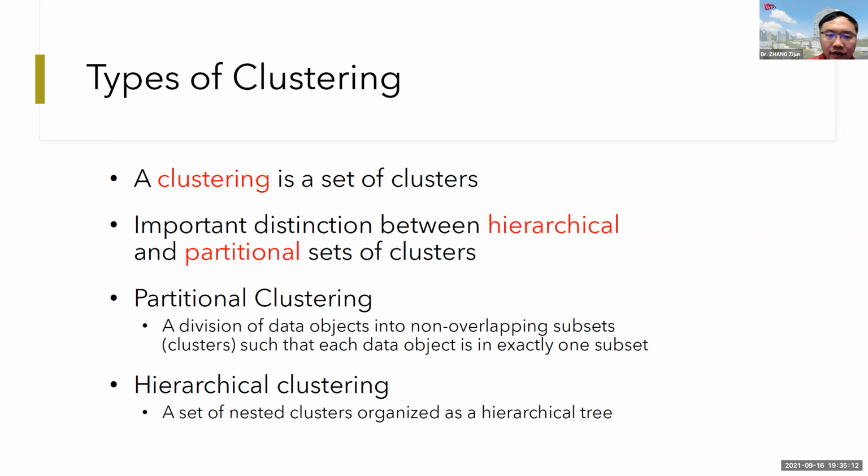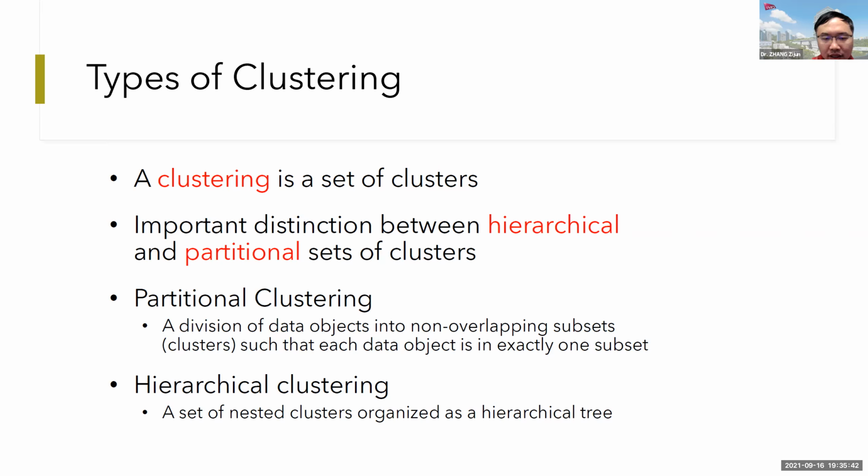One important distinction between the types of clustering is based on their principles: hierarchical clustering and partitional clustering are different. And the sets of clusters developed are also different.